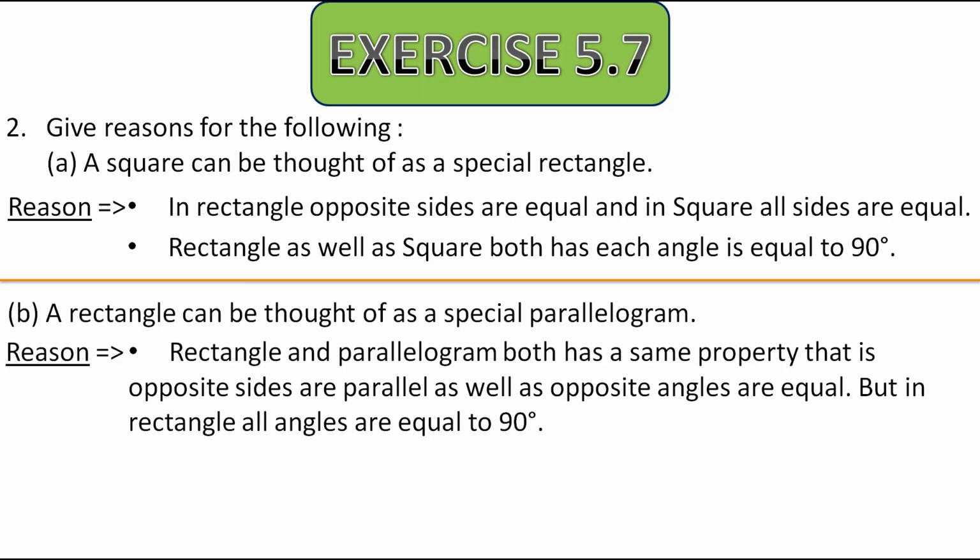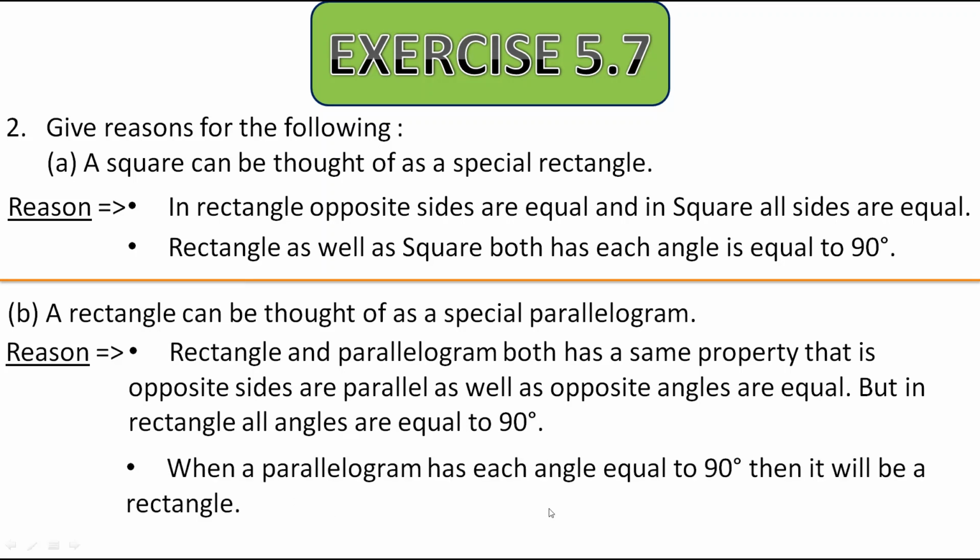So when a parallelogram has each angle equal to 90 degrees, then it will be a rectangle. So as both have opposite sides parallel and opposite angles equal, and when a parallelogram has all angles 90 degrees, then a rectangle can be thought of as a special parallelogram.